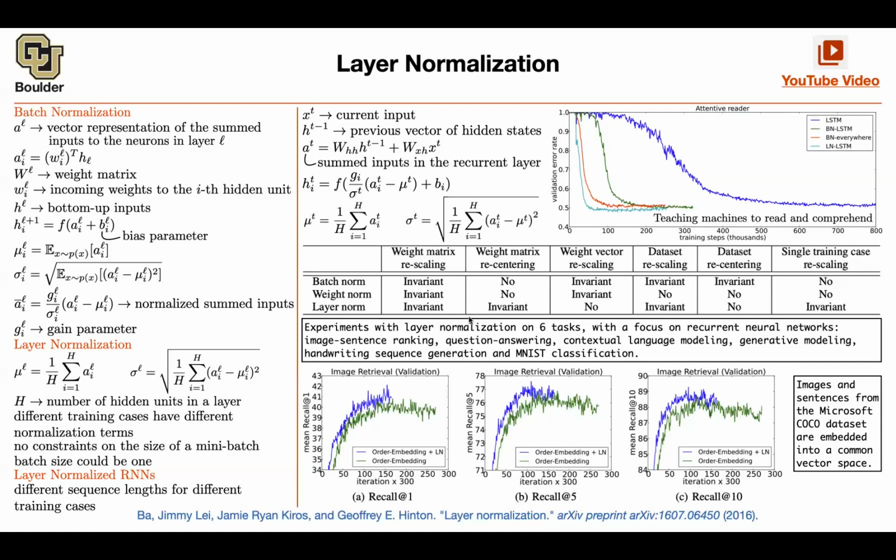Up until recently, people were thinking that layer norm doesn't work for images that well, but there are some papers from 2022 that show that layer norm also works for convolutional neural networks and images, depending on the architecture you work with.